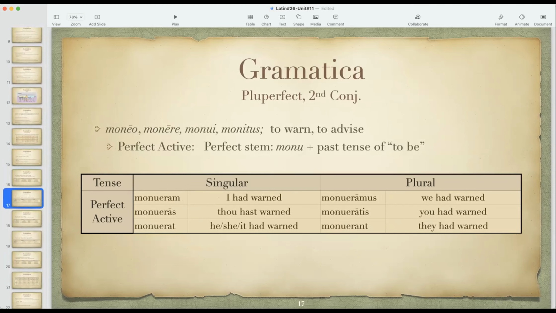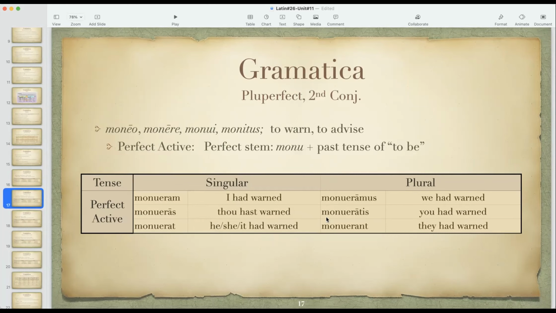Let's see. Okay, next one. Moneo, monere, monui, monitus, to warn, to advise. Same thing. We take that perfect stem, monu. We do not need the I because we're going to add the endings unique. So let's go through them together. Monueram, I had warned. Monueras, thou hadst warned. Monuerat, he, she, it had warned.